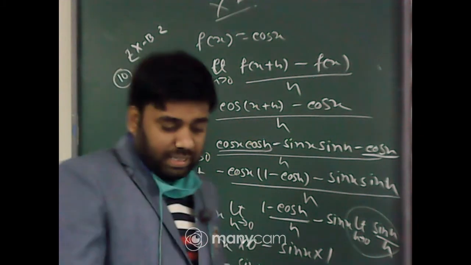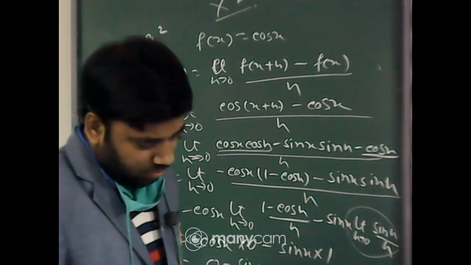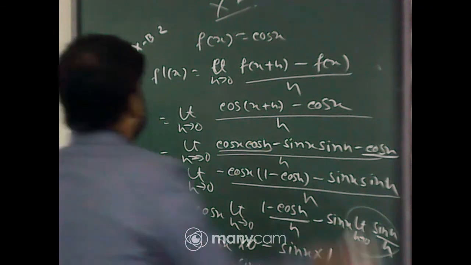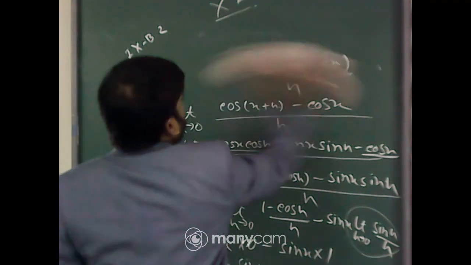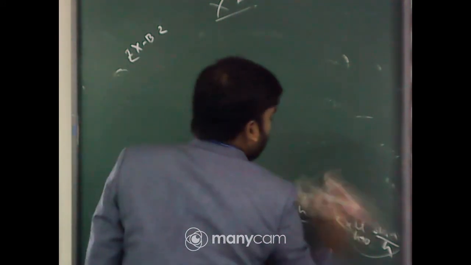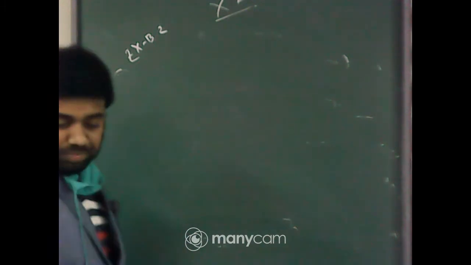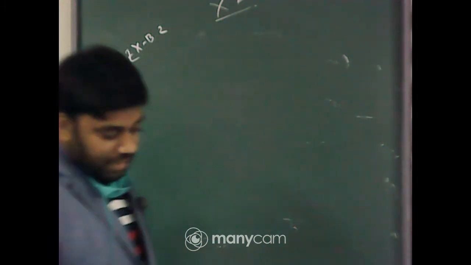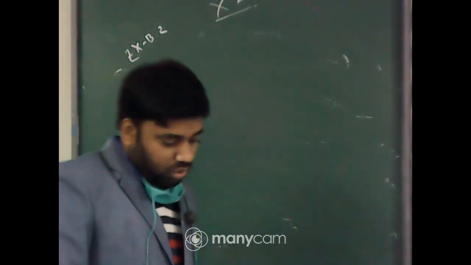Okay, next sum, that is question number 11 part 1. f(x) equals sin x cos x.